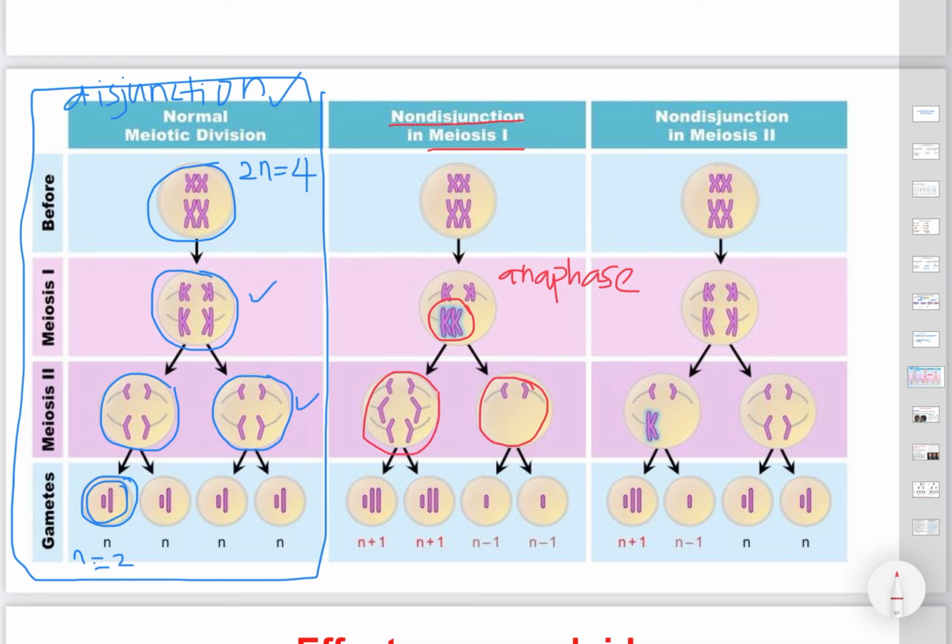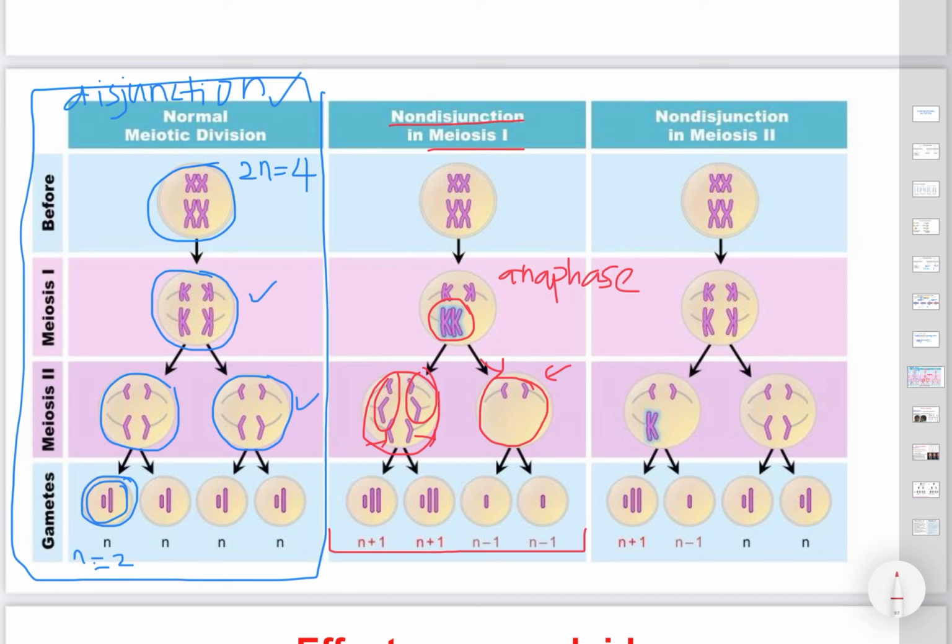Then bila dia masuk meiosis 2, dia punya sister chromatid dah jadi terbalik. Sepatutnya di sini hanya ada 2 sahaja sister chromatid, kiri dan kanan, tetapi kita ada 3. As a result, on the right side dia hanya ada 1 sahaja sister chromatid.